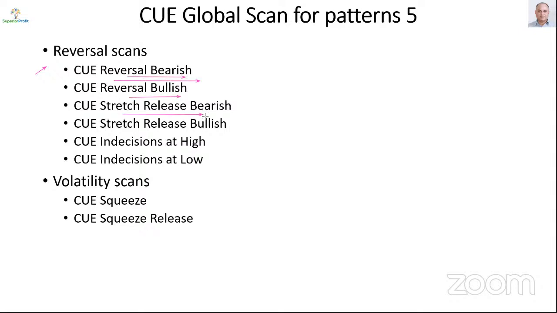Then stretch release bearish, stretch release bullish, and indecisions at high, indecisions at low. These are all reversal patterns that you may scan for. Then volatility scans: Q squeeze, stocks that are in a squeeze, and Q squeeze release, coming out of a Q squeeze.